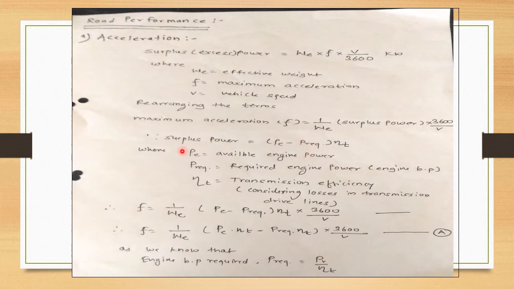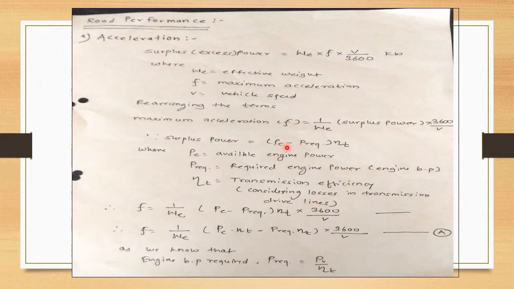That difference gives the surplus power, and eta t is nothing but the transmission efficiency. Here we are considering the losses in the transmission drivelines. As we know, in the transmission drivelines there are losses due to friction between the different rotating surfaces, and here we consider these losses in the transmission efficiency.